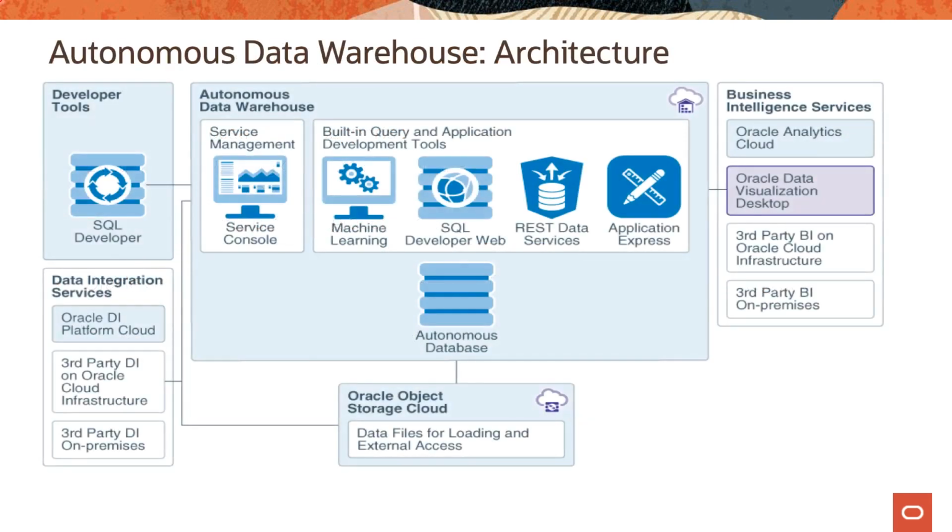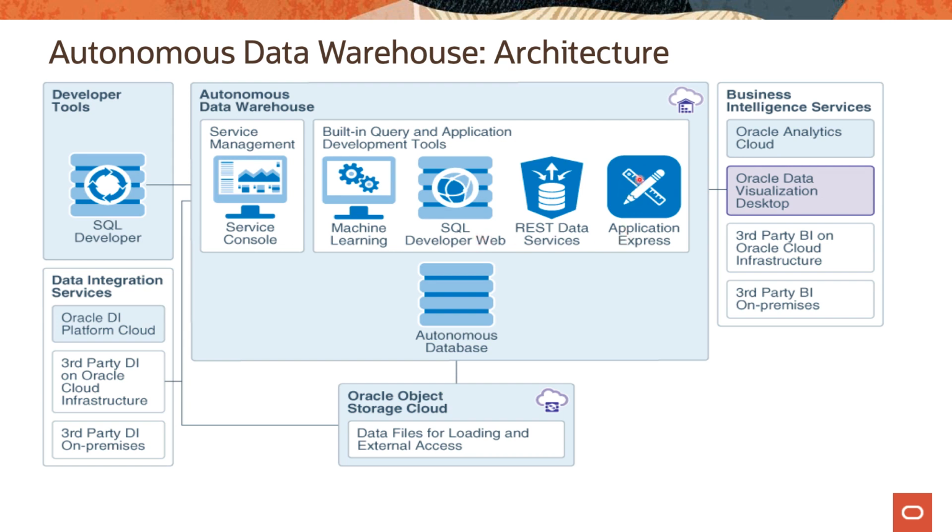This slide shows the architecture of Autonomous Data Warehouse. As you can see here, at the heart of this service, you have the Autonomous Database, which can be managed using a service console, and it has built-in query and application development tools like machine learning, SQL Developer, Web Access.